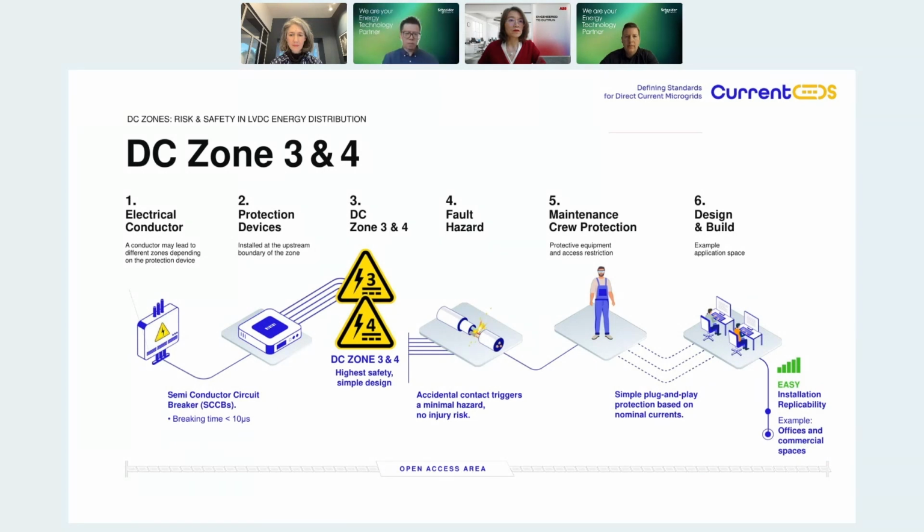There is also the possibility to prevent direct touch, so personal protection is also possible. The maintenance crew does not need to have special clothing because it's actually an unskilled environment. And the typical use of DC zones 3 and 4 is actually offices, commercial spaces, residential areas as well. So actually everywhere where there is a need for DC.